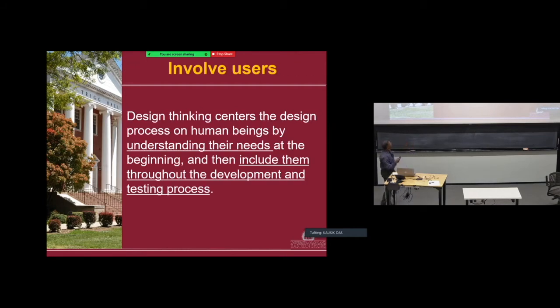Design thinking centers the design process on human beings by understanding their needs first, right? And then include the stakeholders, include the customers, throughout the development and the testing process. This is absolutely necessary. We include them in each step.